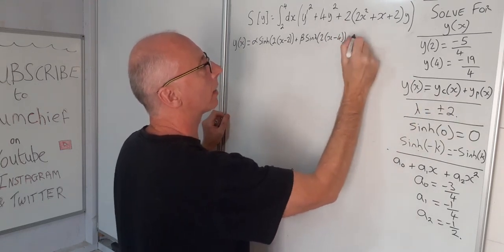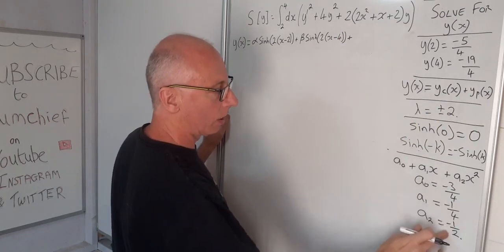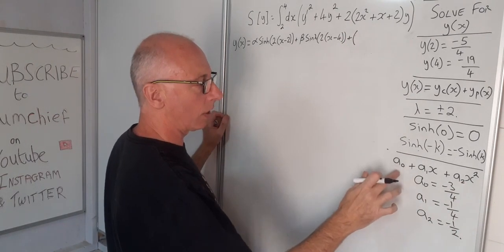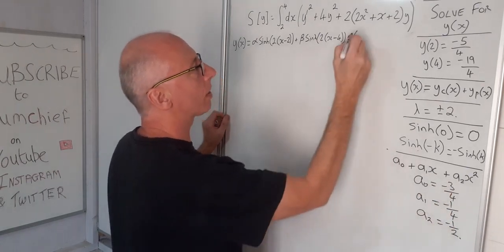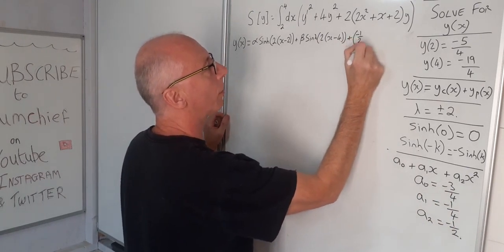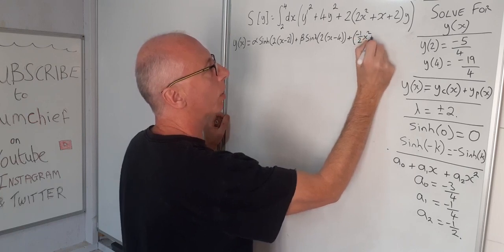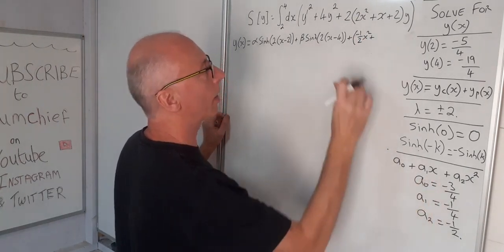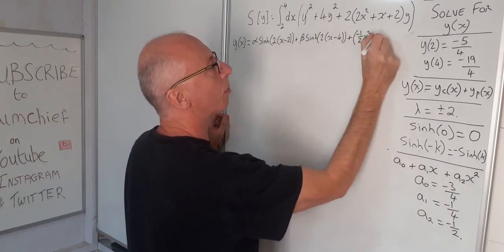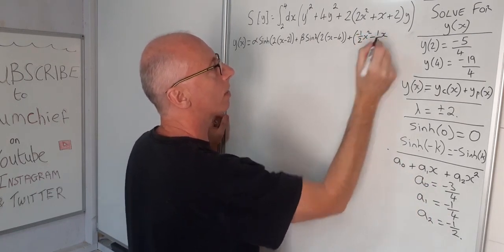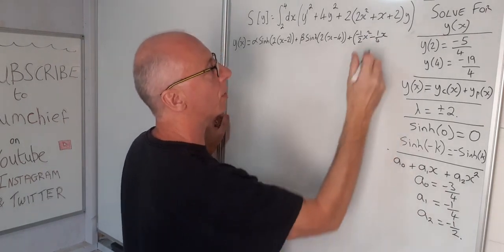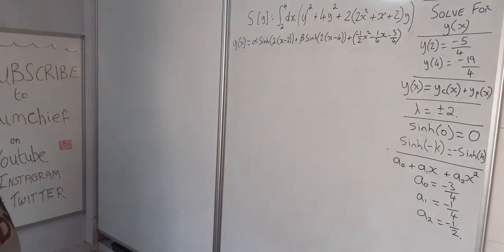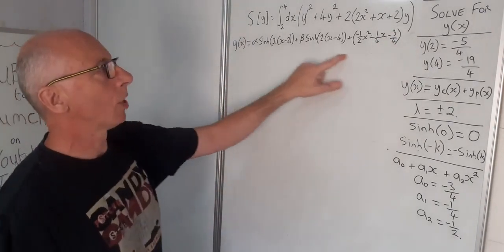So we add on our values plugged into this function: a2 is minus 1/2 x squared, plus minus 1 over 4 for x, so I'm going to change that to a minus sign, minus 1 over 4x, and then our constant is minus 3 over 4. Okay, that's our function that we're going to use here.